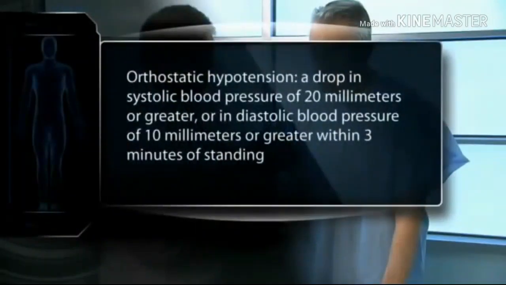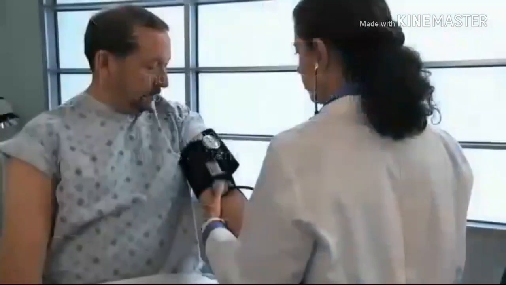Orthostatic hypotension is a drop in systolic blood pressure of 20 millimeters or greater, or in diastolic blood pressure of 10 millimeters or greater within 3 minutes of standing, or a rise in heart rate of more than 20 beats per minute.